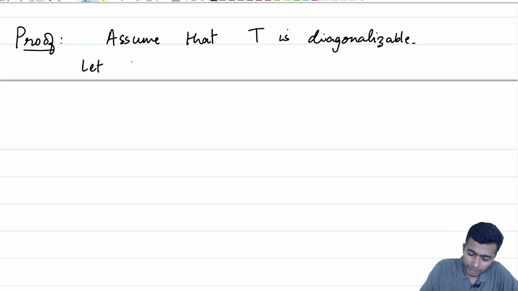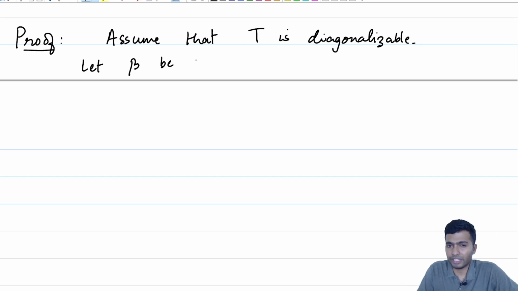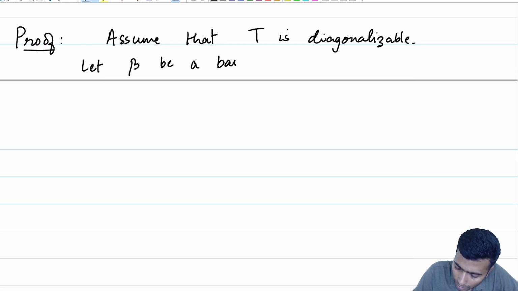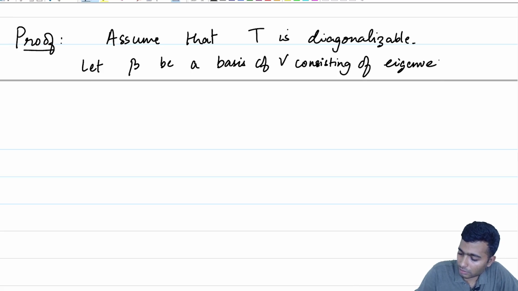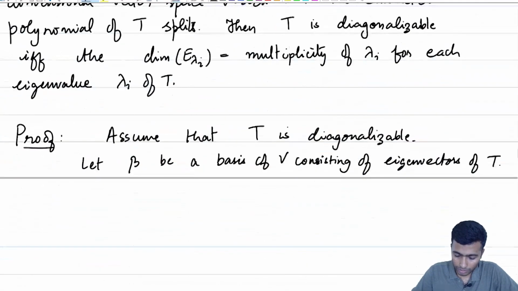Let beta be a basis of V consisting of eigenvectors of T.